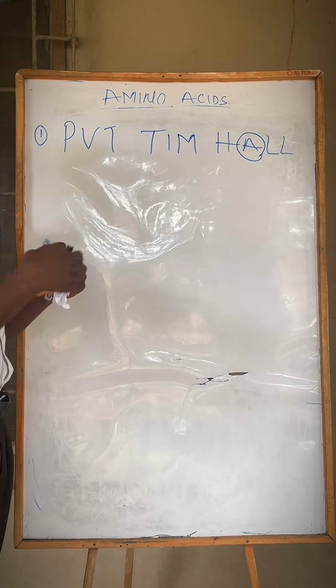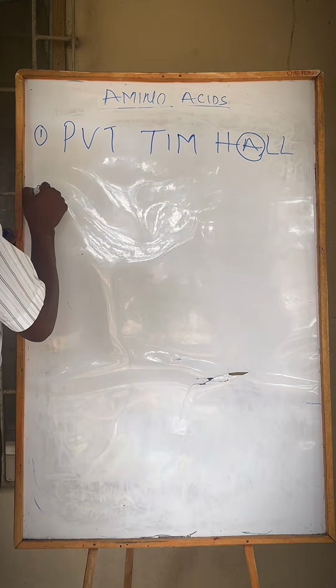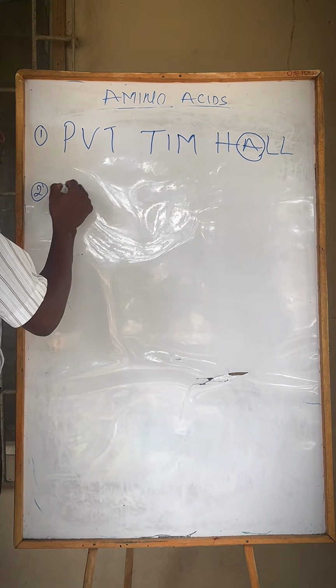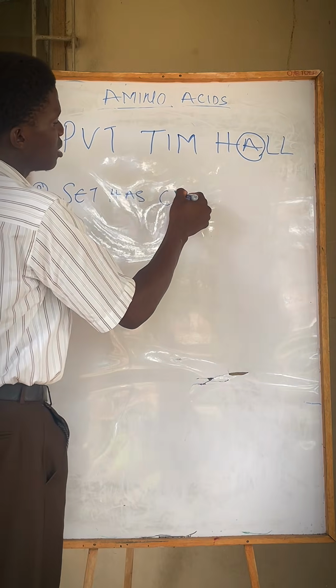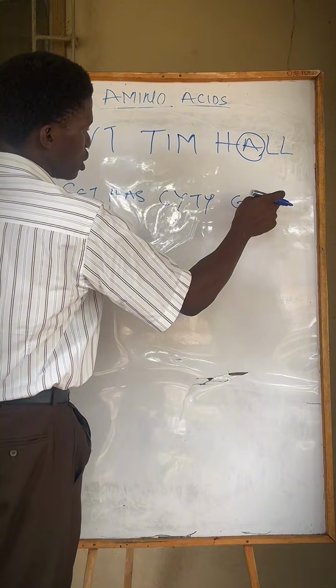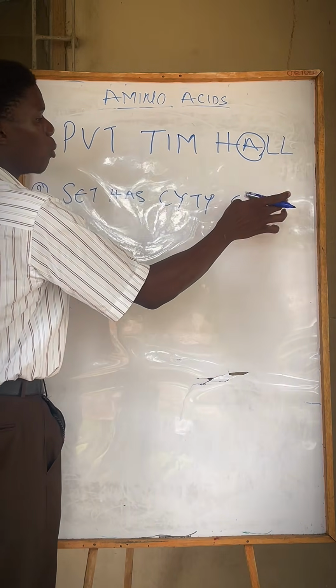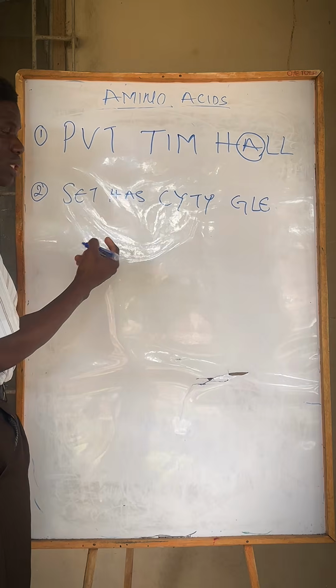And for the polar amino acids, we have S, T, C, Y, G, L, E. These are polar, but they do not have any charge. We also have those that are polar but have charge.